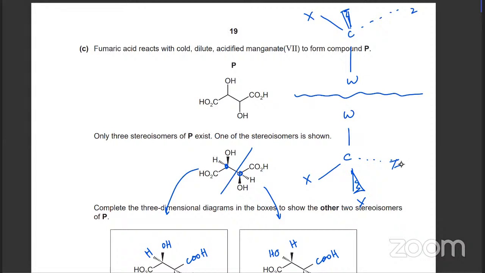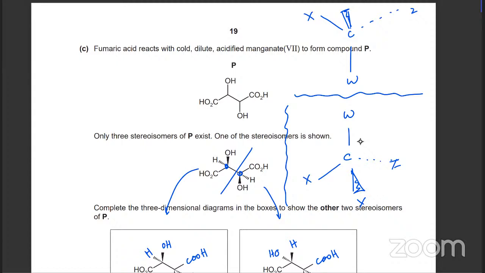The point I'm trying to make is that you're used to drawing one mirrored version, right? Yes, sir. The mirrored molecule could be the other non-superimposable mirrored version. If you keep the mirror over here, it's laterally inverted, left to right. If you put the mirror on top, it's the same thing, except it's mirrored top to bottom.